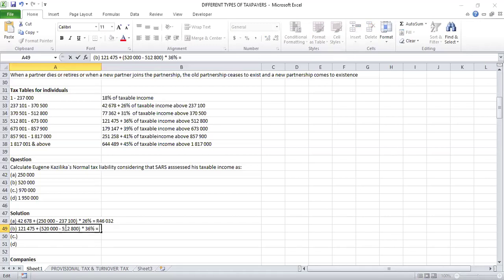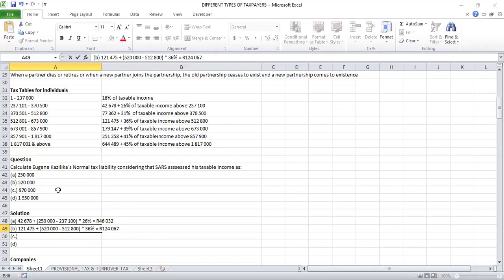What do you get? Can you use the same method so that it can be easier? It's 124,067. Right.